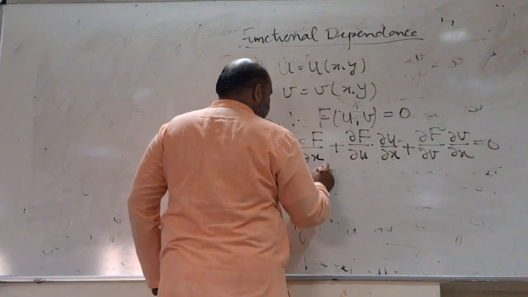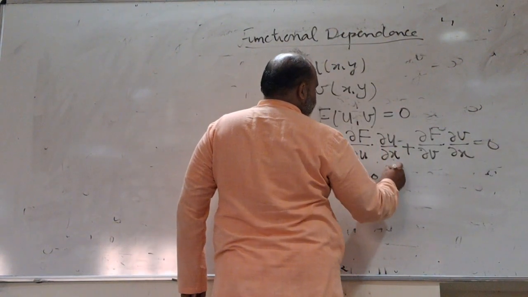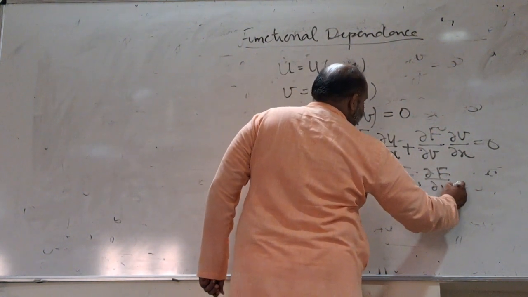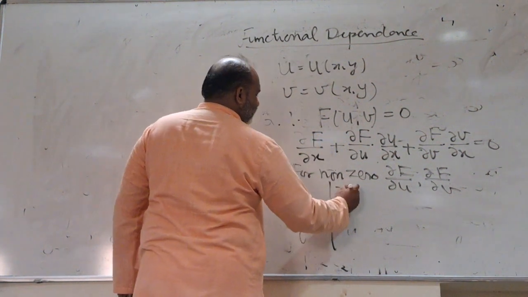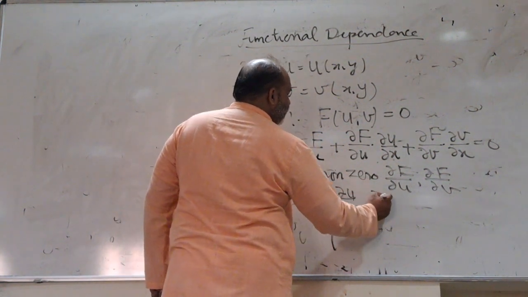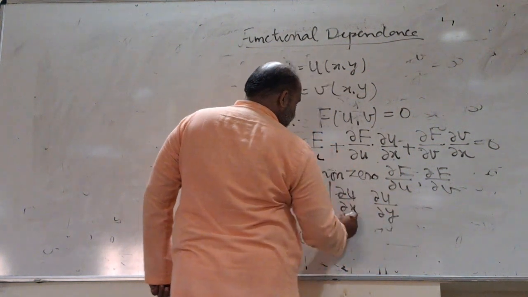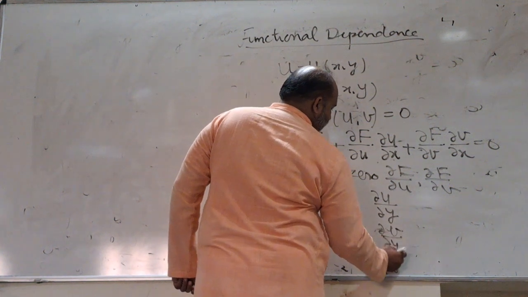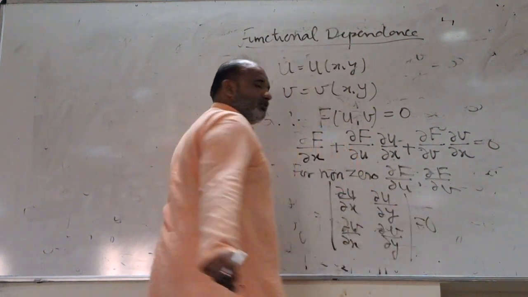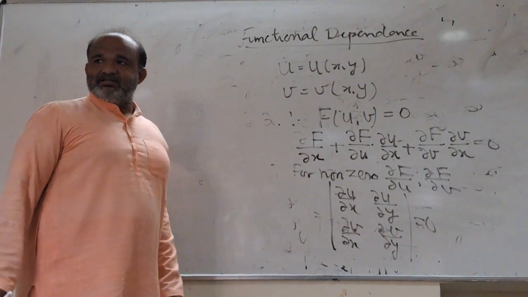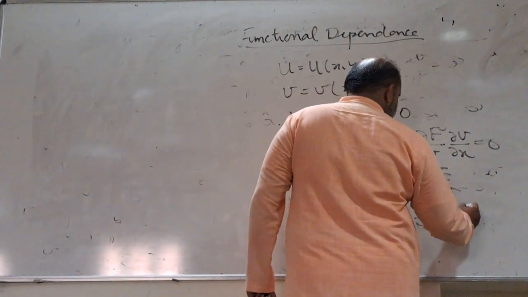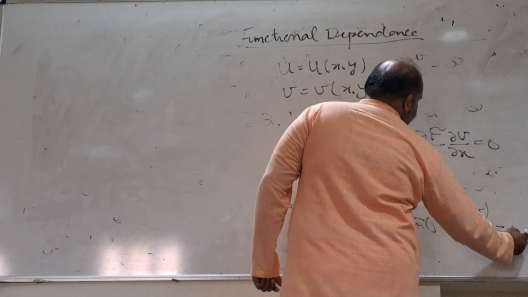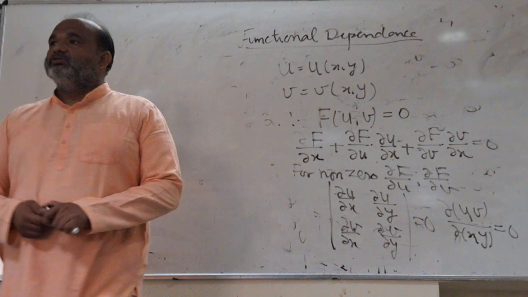So for non-zero del F over del u and del F over del v, the determinant with rows del u over del x, del u over del y and del v over del x, del v over del y will be equal to 0. And this is nothing but the Jacobian of u, v with respect to x, y, equal to 0.